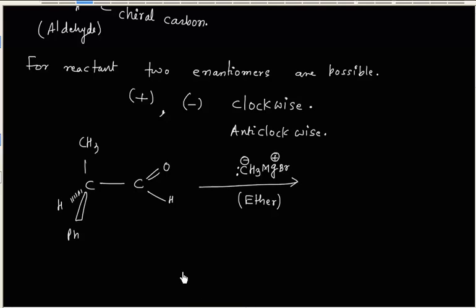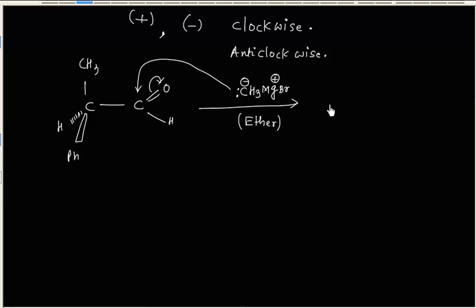Now to derive the product, let us consider the mechanism of this reaction. In the first step, CH3 minus will attack on this carbon and this will open. So we will have this product. Now this carbon again becomes chiral.